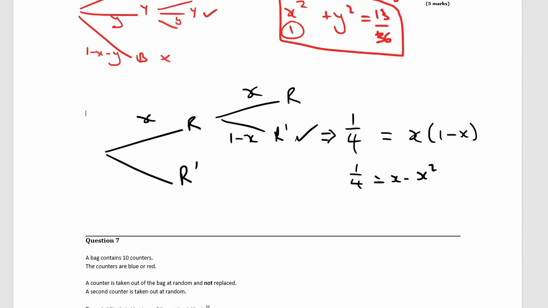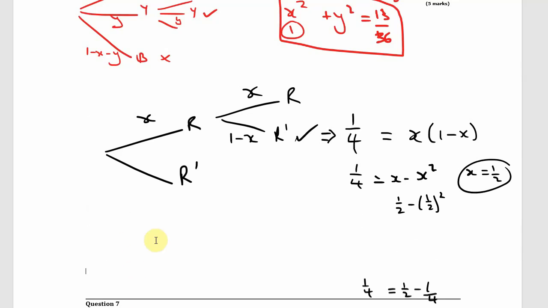From here we probably need a different skill to rearrange it, factorize it and solve it, but we might just be able to spot that if x equals a half, take away a half squared, so that's a half take away a quarter, well that does equal a quarter, so x equals a half. That might be something that we can just spot, so that was kind of the added little challenge in there.